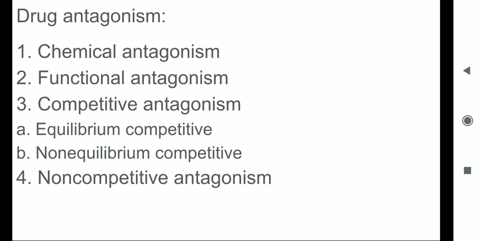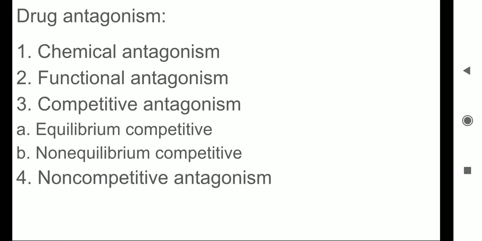Acetylcholine stimulates intestinal movements or constricts pupils in the eyes, but epinephrine does the opposite work. Epinephrine inhibits the intestinal movement and also dilates the pupil. In this way, acetylcholine and epinephrine work completely opposite to each other, hence showing functional antagonism.